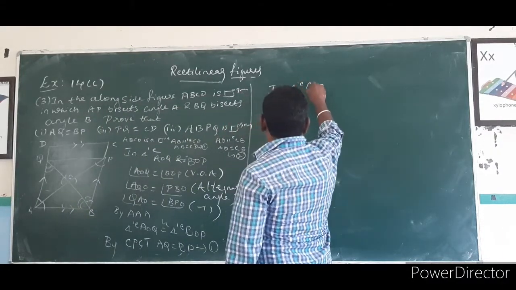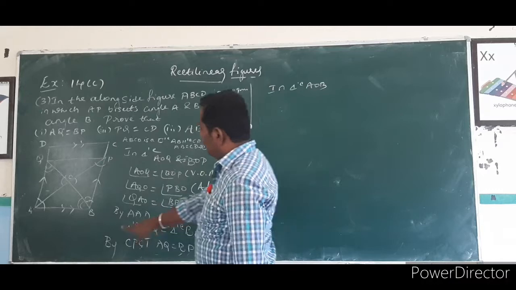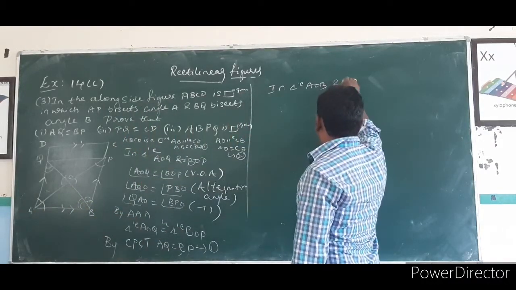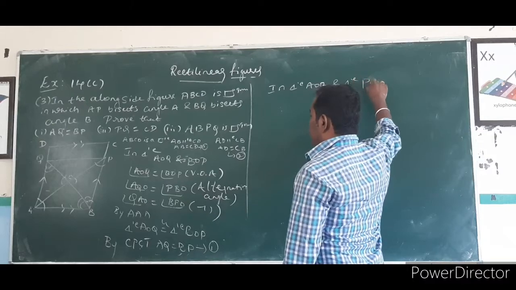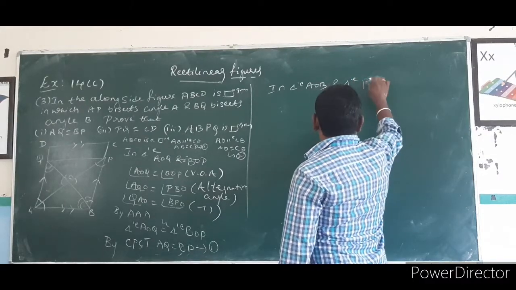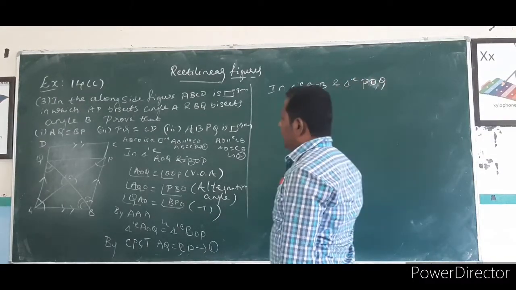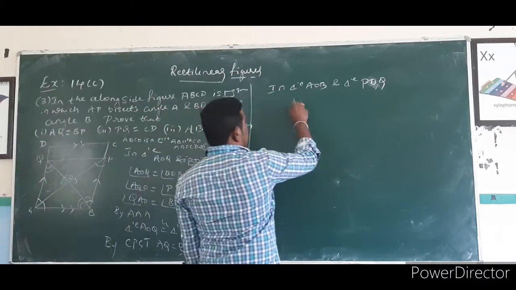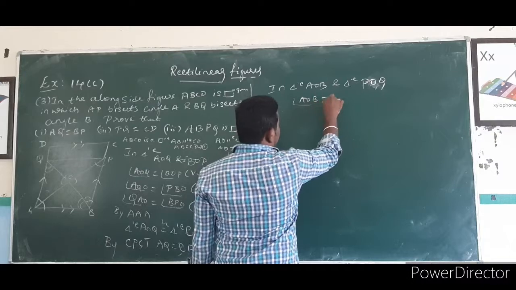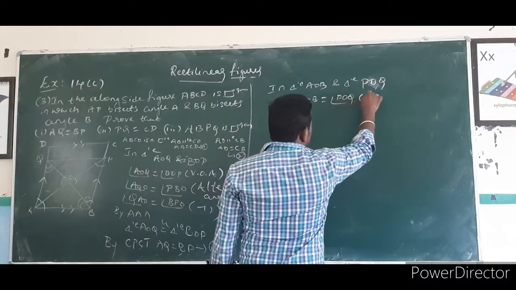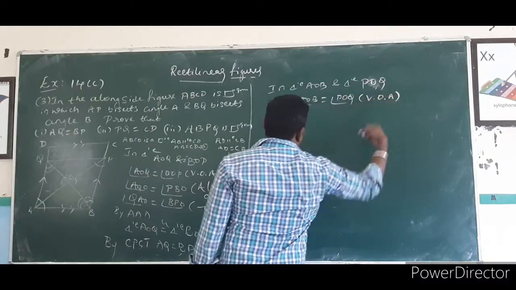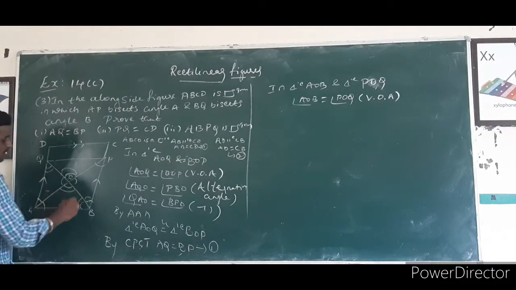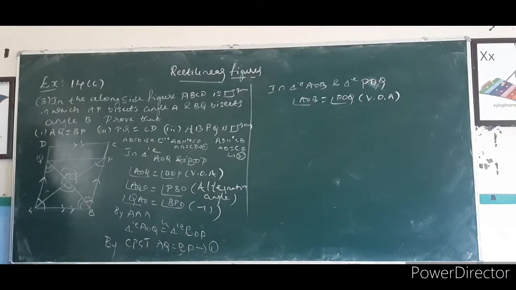In triangle AOB and triangle POQ, these two angles, AOB and POQ, are vertically opposite angles.